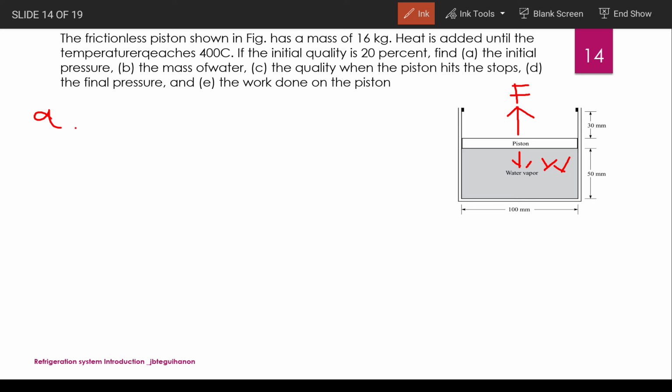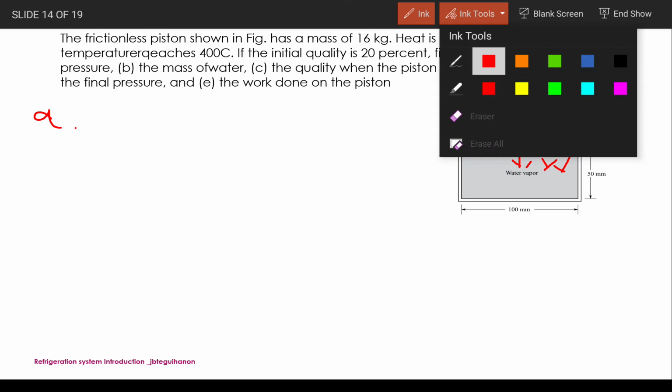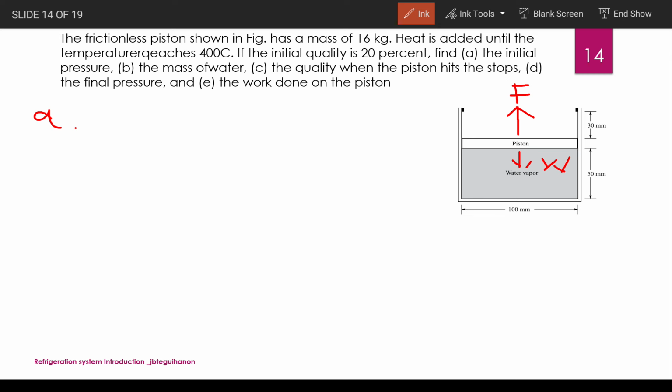Atmospheric pressure is acting on the surface of the piston, because this is open to the atmosphere. Therefore you have to account for the atmospheric pressure.